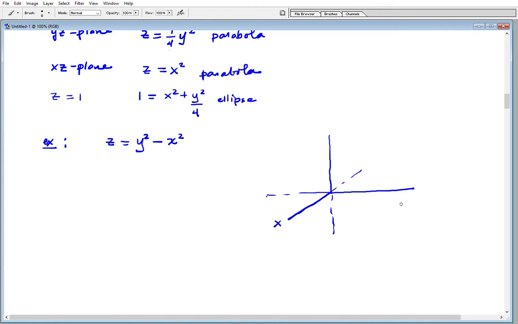Okay, so here's x, y, z. All right. Okay, so first the xy plane.